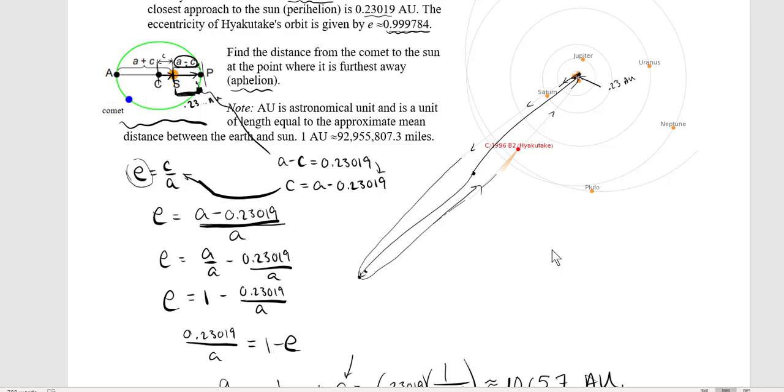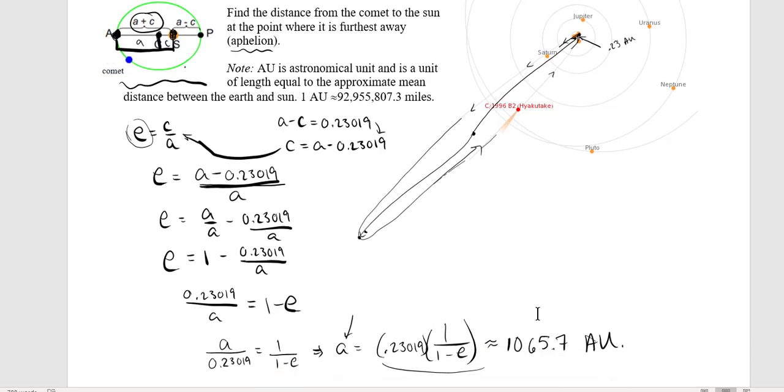And if we look, the picture's gotten muddied up, so I'm going to kind of clean it up over here. We want to figure out the distance from the aphelion point back to the sun that's at a focus. So that's this distance from A to the center. That's distance A, from the vertex to the center is a distance A, plus the distance from the center to a focus, which is C. That's why this total distance here is denoted A plus C. Well, we're in good shape now.